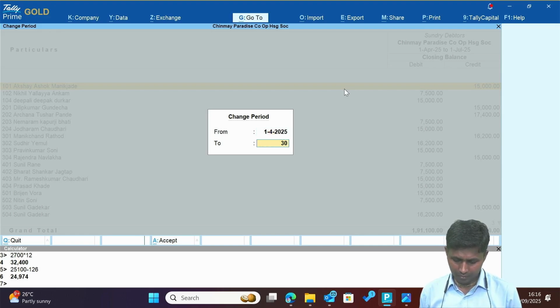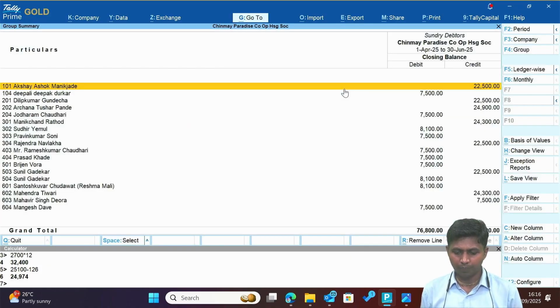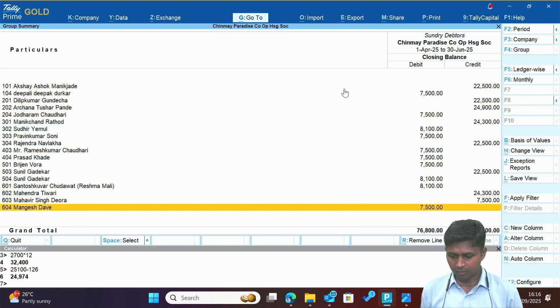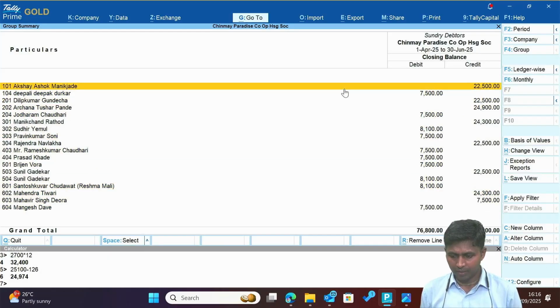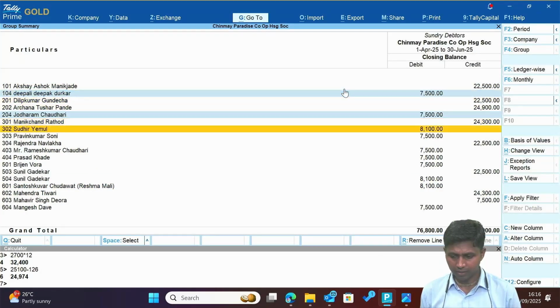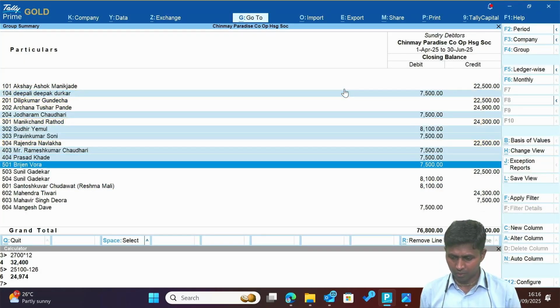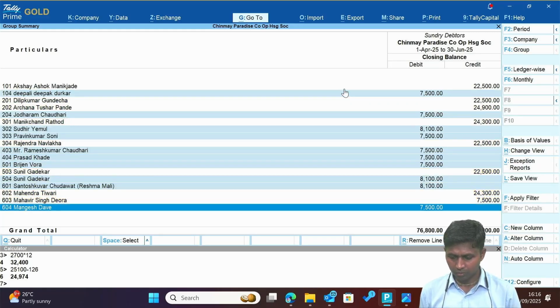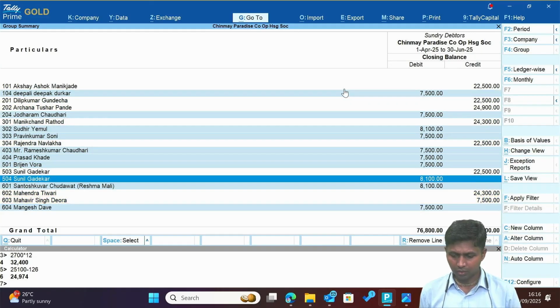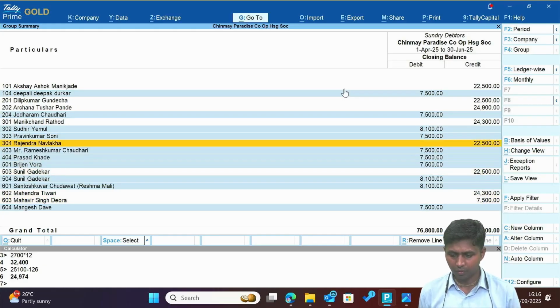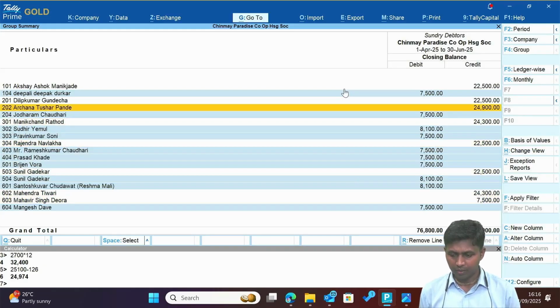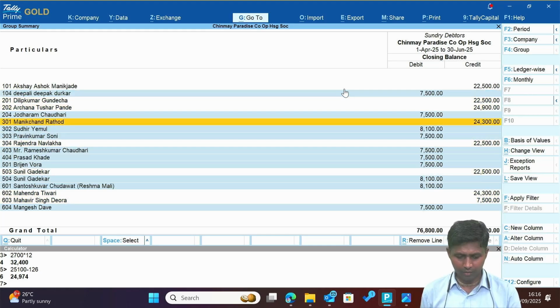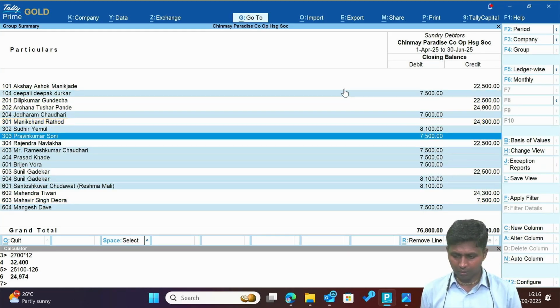But by taking into account the period up to 30th June, now check the 30 June date, and on this date you will find these ledgers. Okay, these members whose maintenance is due, but they have not paid till 30 June. That means you must provide the penalty on these members.